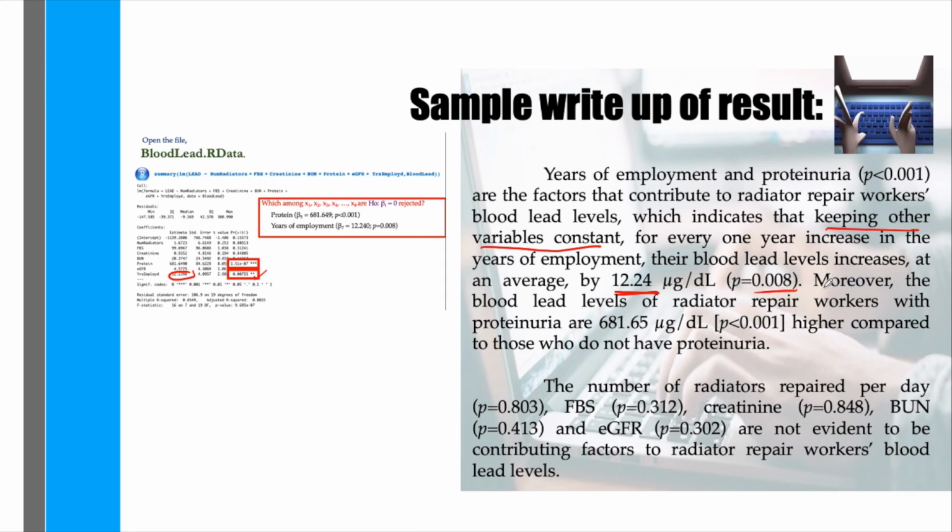And moreover, the blood lead levels of radiator repair workers with proteinuria are 681.65, which is the one represented by this coefficient, higher compared to those who do not have proteinuria. Then don't forget the p-values are the ones displayed in the results. And then, these are the variables with p-values greater than 0.05, which are not evidently the contributing factors to radiator repair workers' blood lead levels.